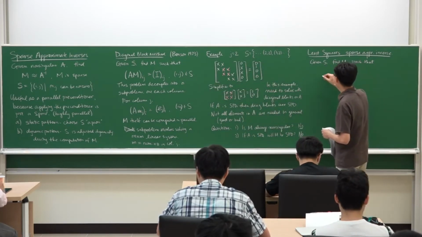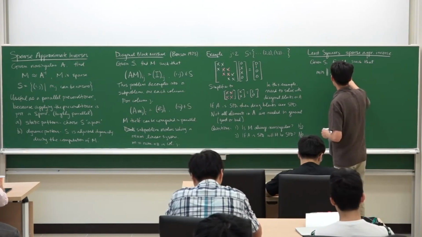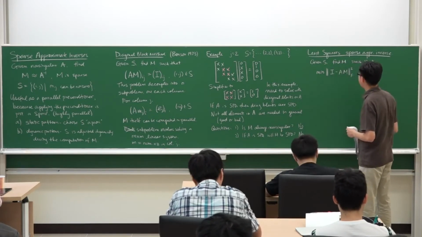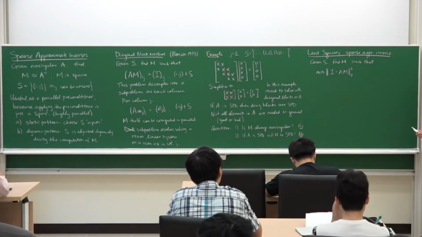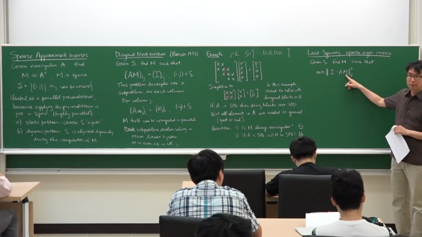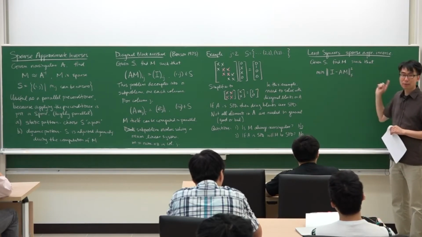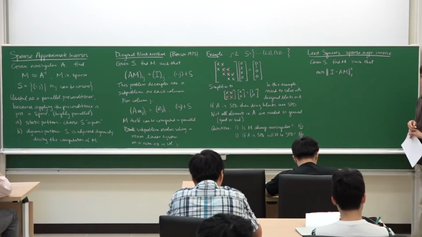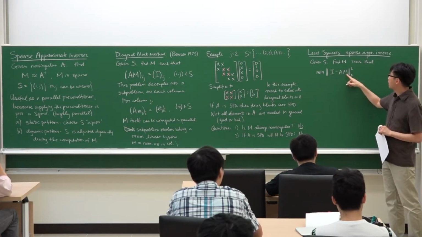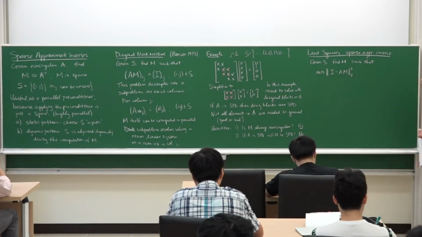The condition is that M minimizes I minus A times M in the Frobenius norm. If M is the exact inverse, then this quantity is 0 and the minimum is 0. But it's too expensive to compute the exact inverse. So we're going to try to do this minimization given that M is sparse, given some sparsity pattern for M.